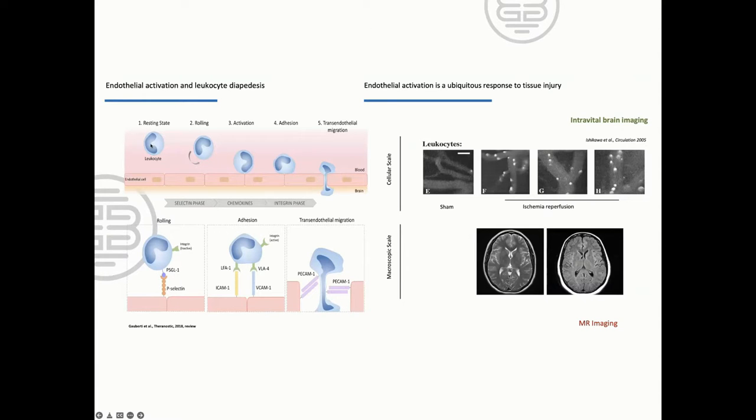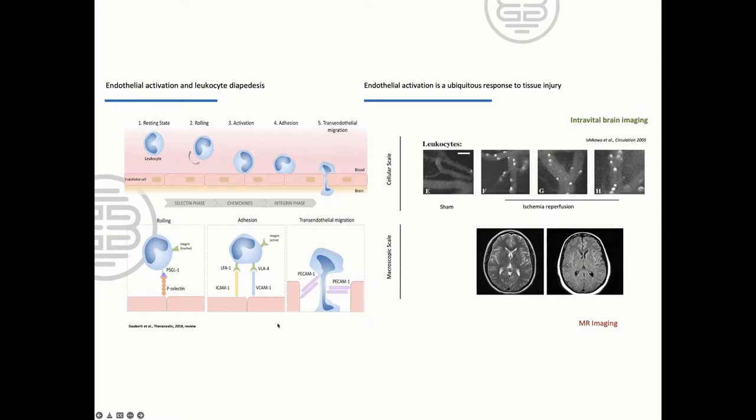And we are very interested in inflammatory processes, and inflammatory cells which are in the circulation are well known to interact with the endothelium, leading to endothelial cell activation. And this activation of endothelial cells is needed for the adhesion of inflammatory cells to the endothelium and transmigration of these inflammatory cells from the circulation to the brain parenchyma.